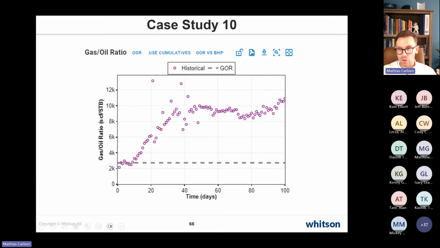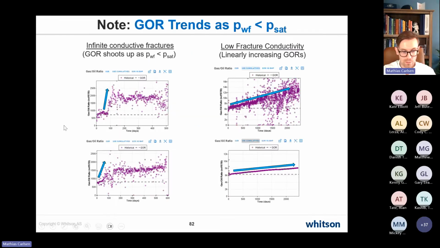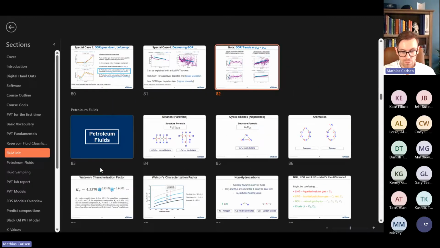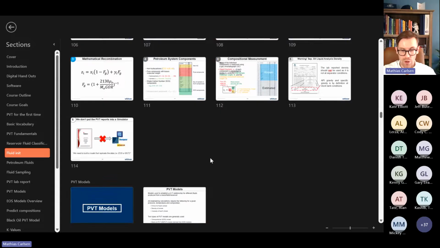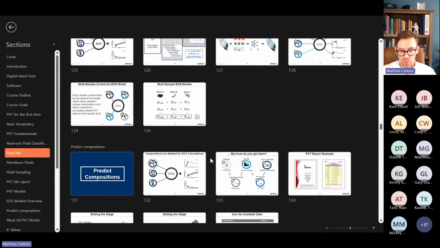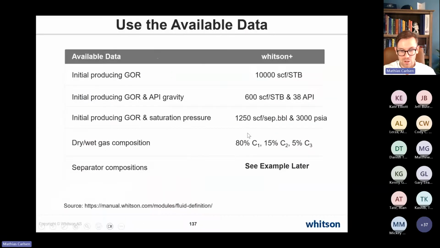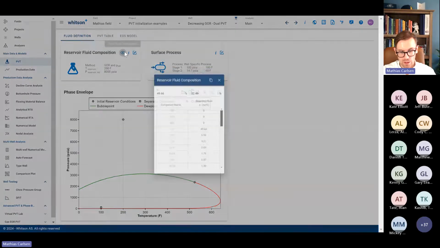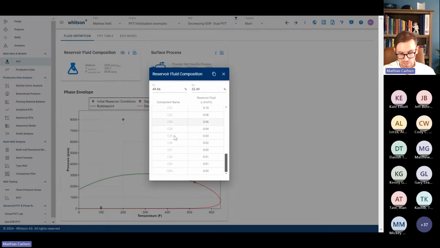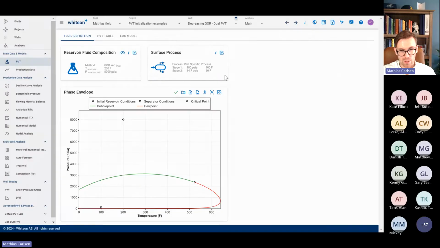Okay, so the main point here is that you can use whatever data you have available to initialize the fluid, even though you are using an equation of state. But then there are some methodologies in the software that will help you predict those different compositions. So when we looked at these examples right here, we'll see, okay, this is the fluid composition that's being predicted in this case.